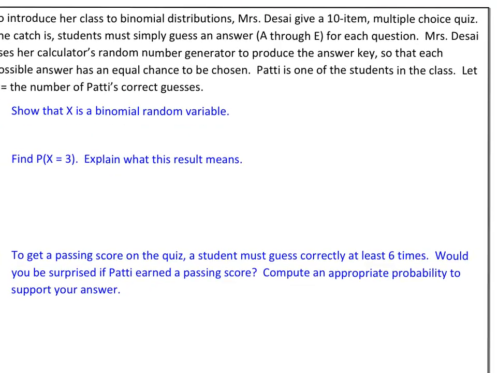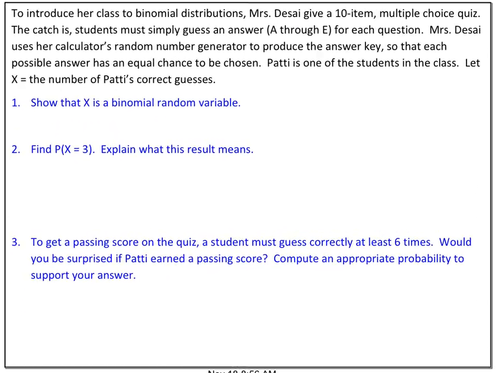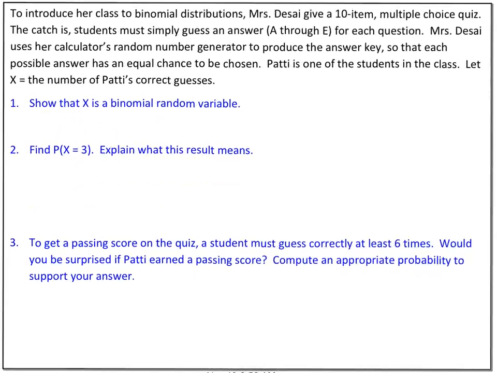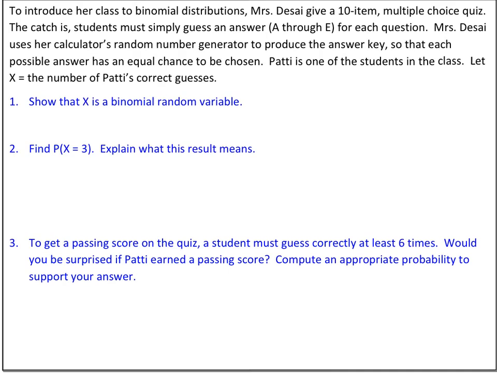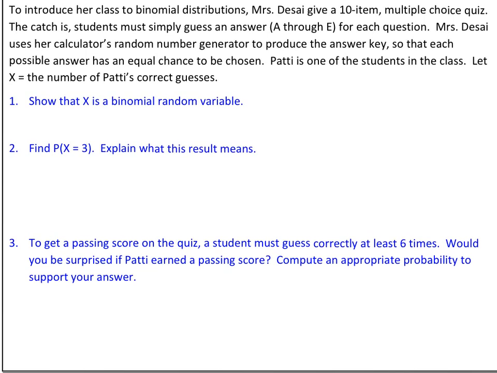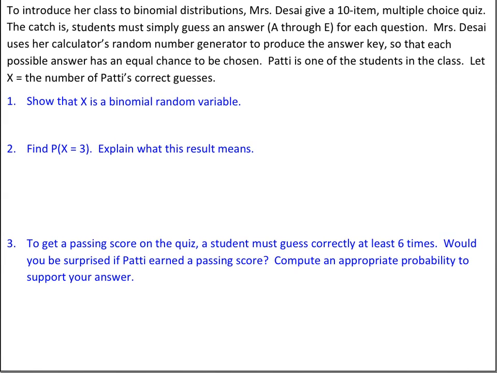All right, switch the context down here. To show that the situation is a binomial, I'd think through BINS. For each question you can guess right or not.